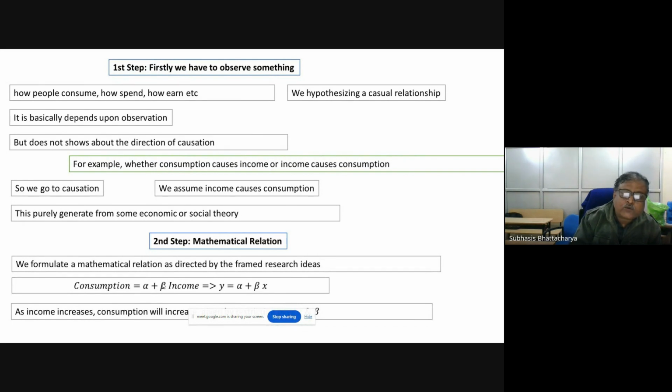But we, the social scientists, assume that consumption depends only on income. So there is something we are missing in the mathematical relation. There is the influence of other factors which are not considered in this relationship, that is, consumption is equal to alpha plus beta income.